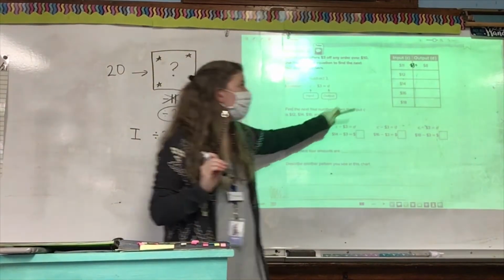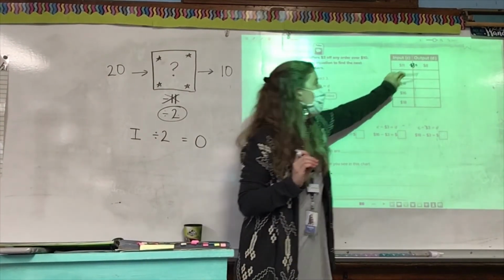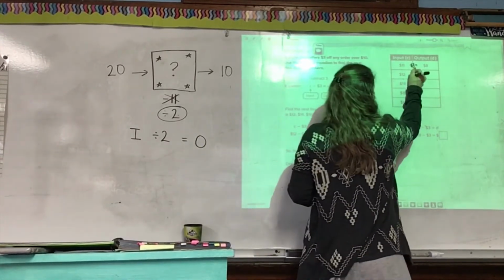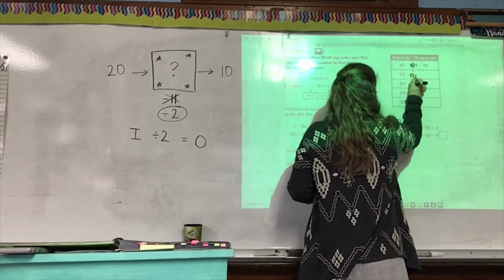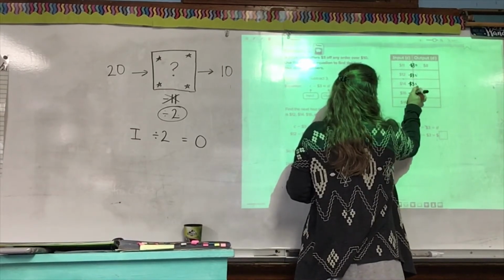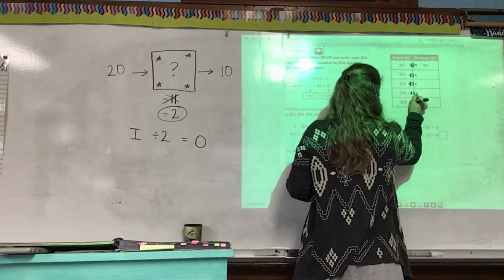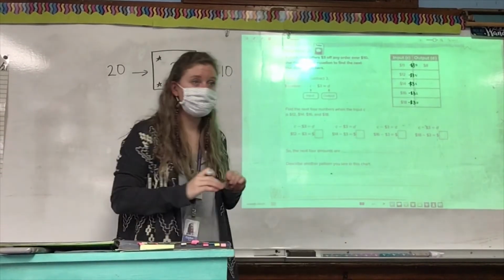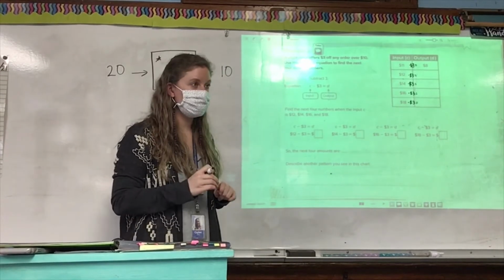The only things that will change are the input numbers and the output numbers, but what you do between never changes. So we already know we're going to be subtracting $3 each time. That doesn't change. You see some people writing that, I see some people not.